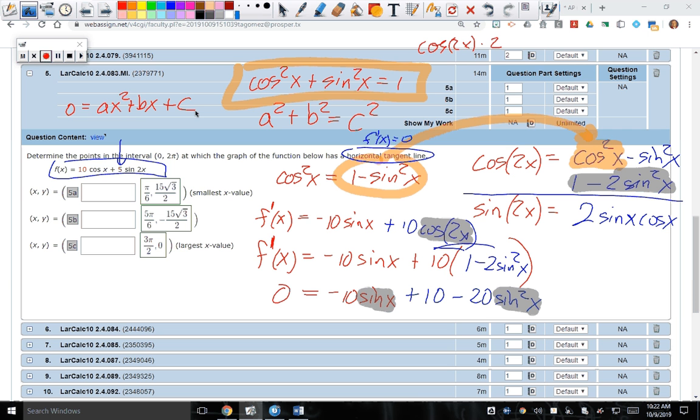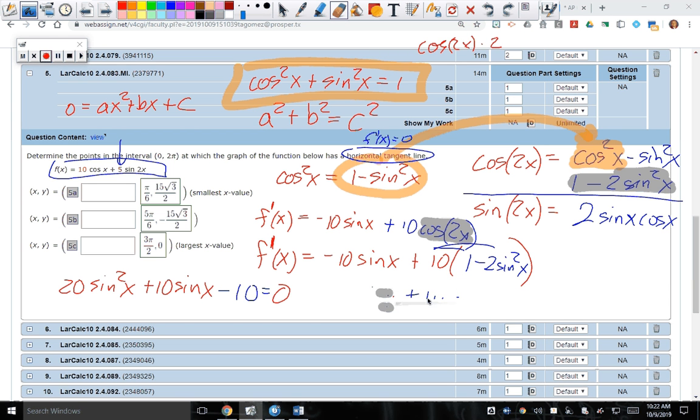So if I move it across, because remember that when that a value was negative, or if it was something other than 1, it became difficult, I can add 20 sine squared to the left side. I can add the 10 to the left side. And I can subtract that 10 over so that it will still be equal to 0. And all we did was move everything over to the left side.